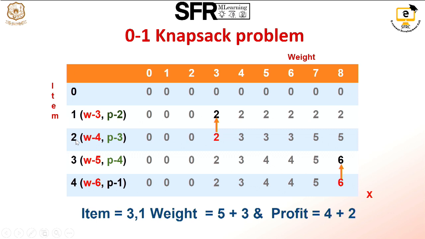So we cannot choose this item, but then move to the first item, which is the fresh one, not derived from any other. So you can choose item 1 to put into the bag. So items 3 and 1, the weight 5 plus 3, and the profit value 4 plus 2.